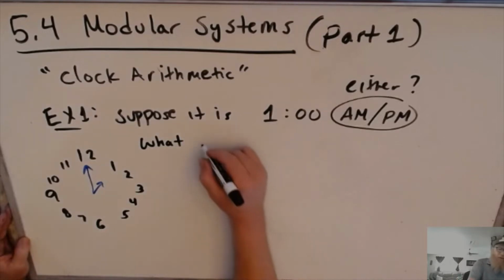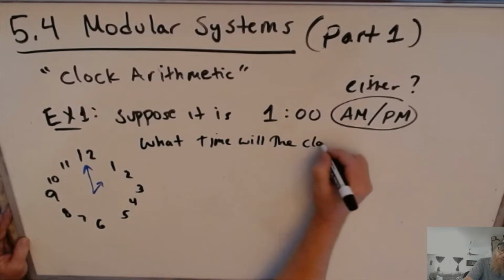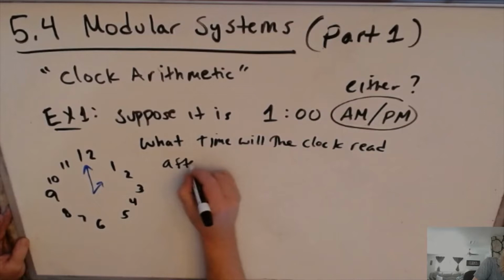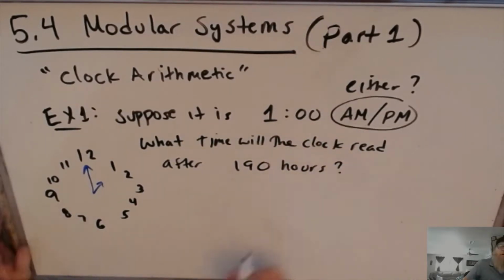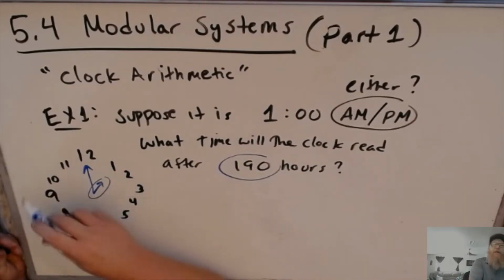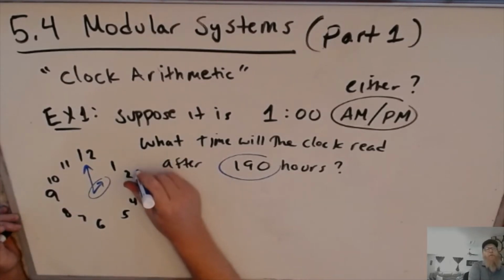What time will the clock read after 190 hours? All right. So you have a clock, 190 hours. This hour hand is going to go around and around, and you could sit here and count, right? After 1 hour, it would be at 2.